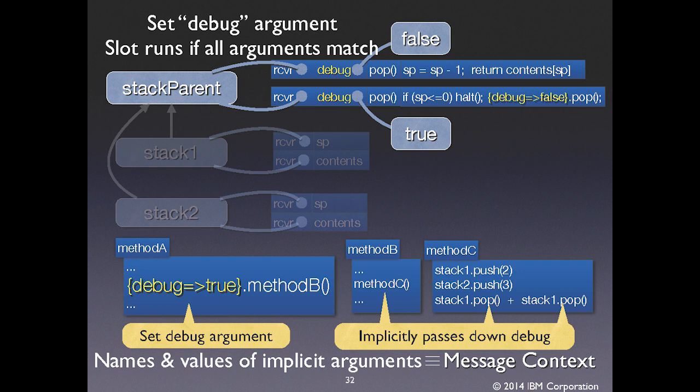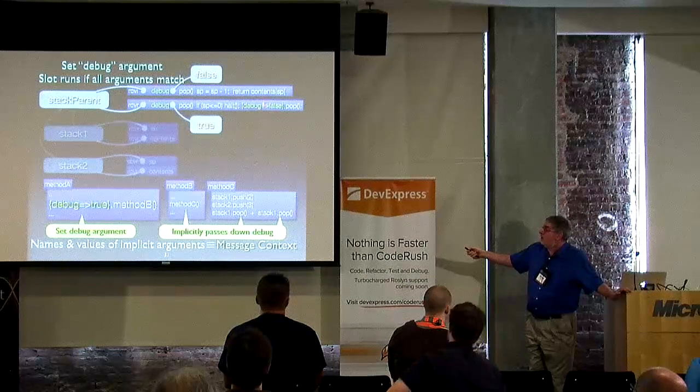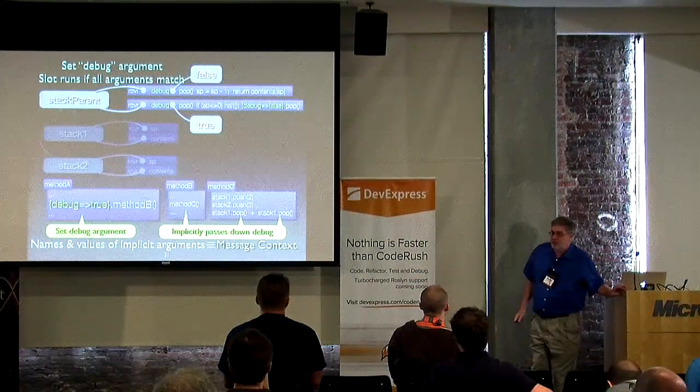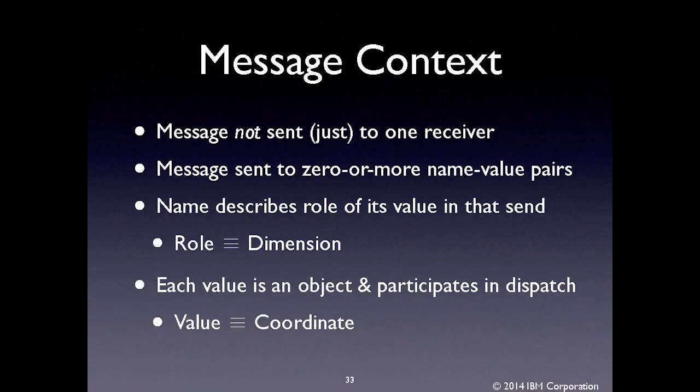So when we call pop, we're going to find this slot because it's the only one that matches both the receiver and the debug argument. This will do its check. Then it sets the debug argument to false and calls pop, and that'll do the real work of pop. So what's happened here is that the pop message wasn't sent to just one object in object-oriented terms.